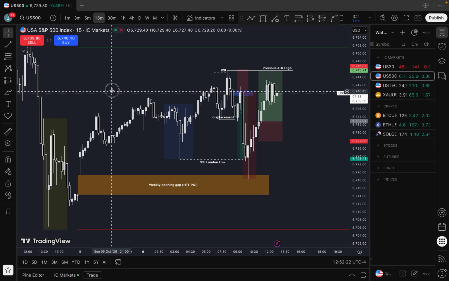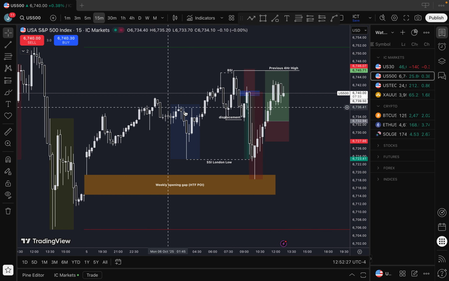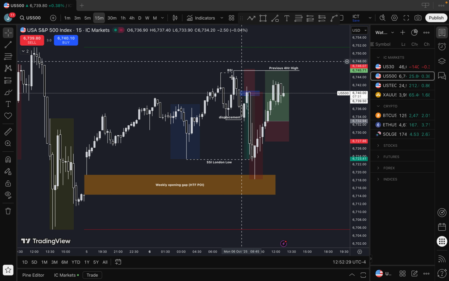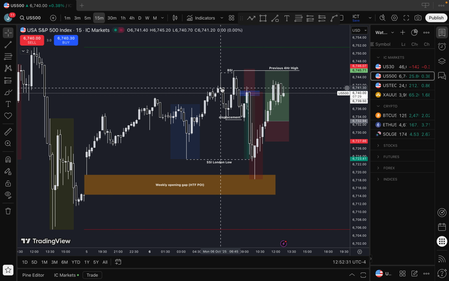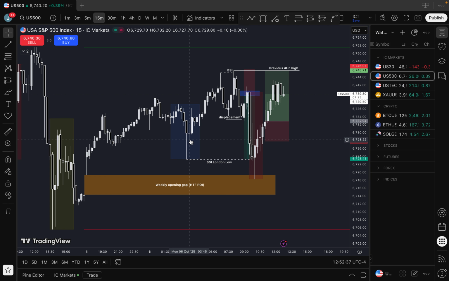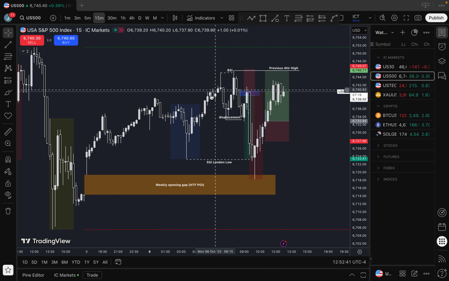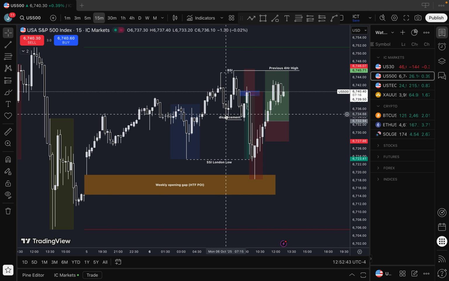So you can see here, got a big imbalance. Price trades up from the London session and creates our buy side liquidity. We got our sell side by the London lows, and from here comes down 7:15.